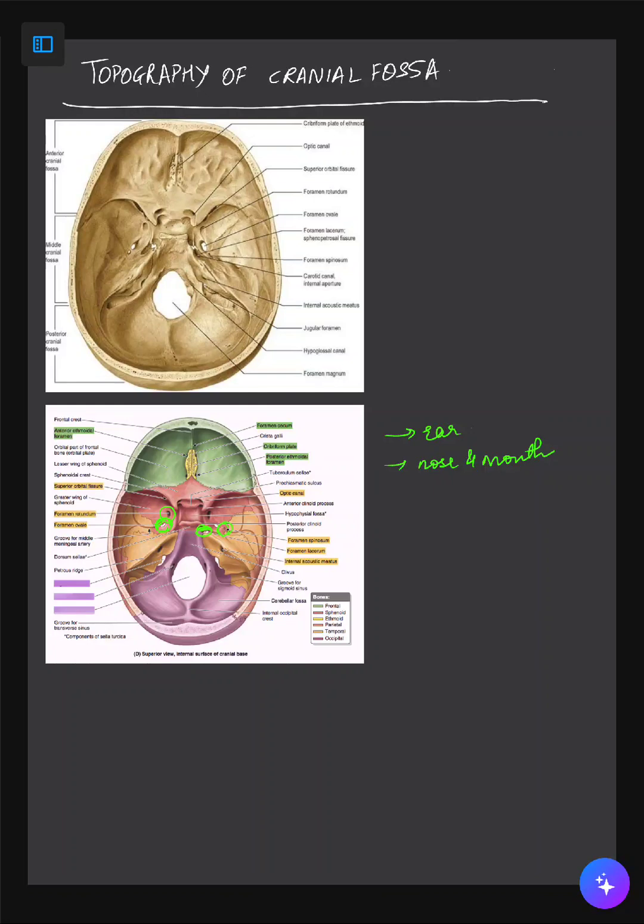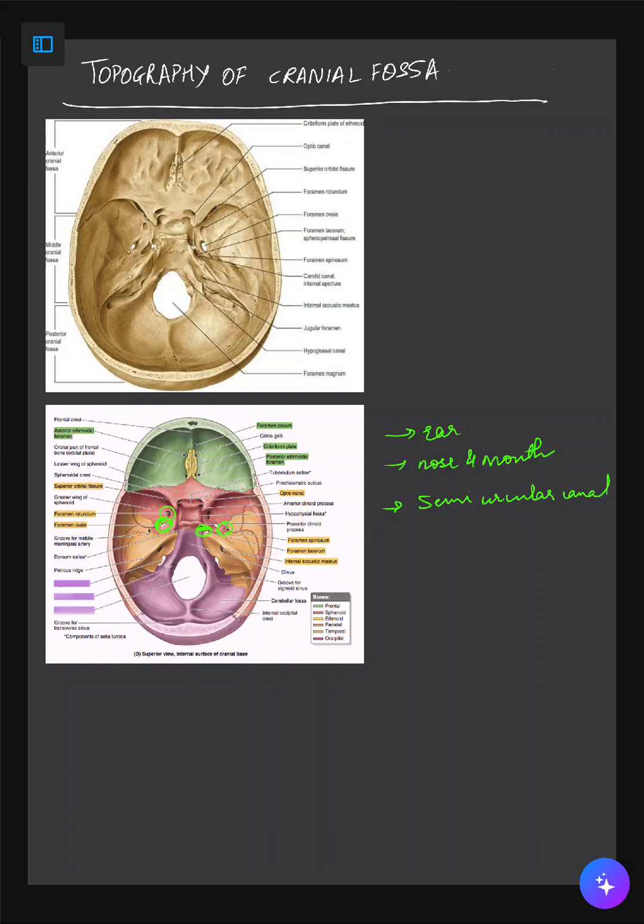If the facial and vestibulocochlear nerves are damaged, then a fracture occurs through the internal acoustic meatus. If the semicircular canal is damaged, then vertigo can occur. In the semicircular canal, there are 4 types.